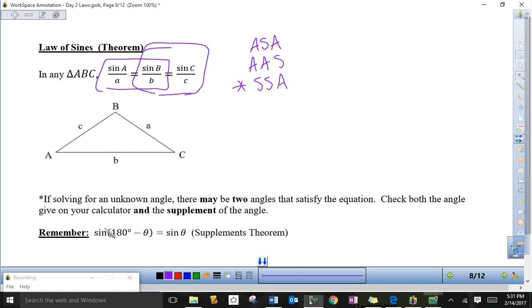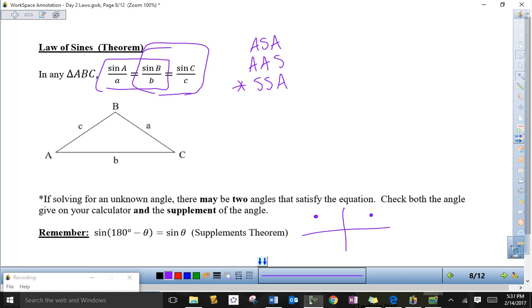That's because we're dealing with sine, and the sine of an angle and the sine of its supplement are congruent. They're exactly the same, so there are actually two different angles that would satisfy the equation. That's going to be important because when we're dealing with our triangles here, we want to make sure we get all possible options.